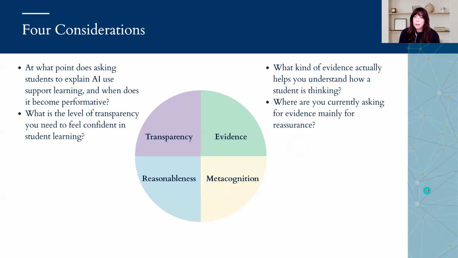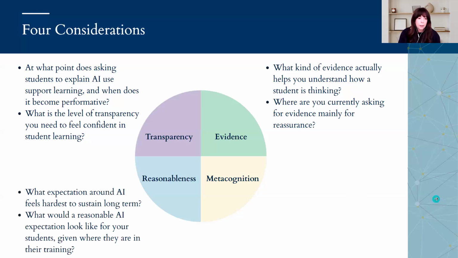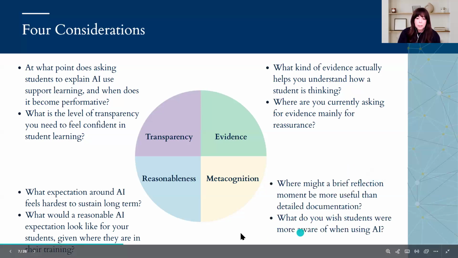And we saw in the chat some of the things that faculty are asking in terms of evidence for student learning. So one of the things that we might want to think about in this workshop is the kinds of evidence we're asking students to provide and why we're asking that. In terms of reasonableness, what are expectations around AI and what seems feasible to sustain in the long term? And finally, metacognition.